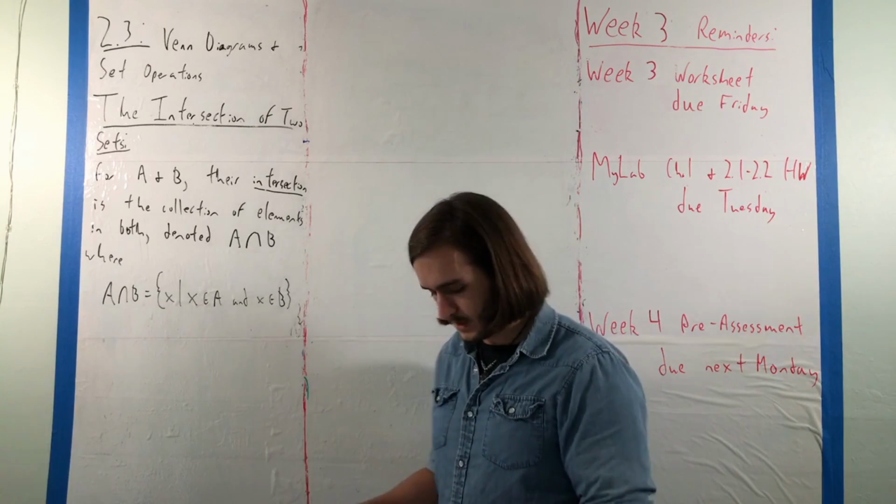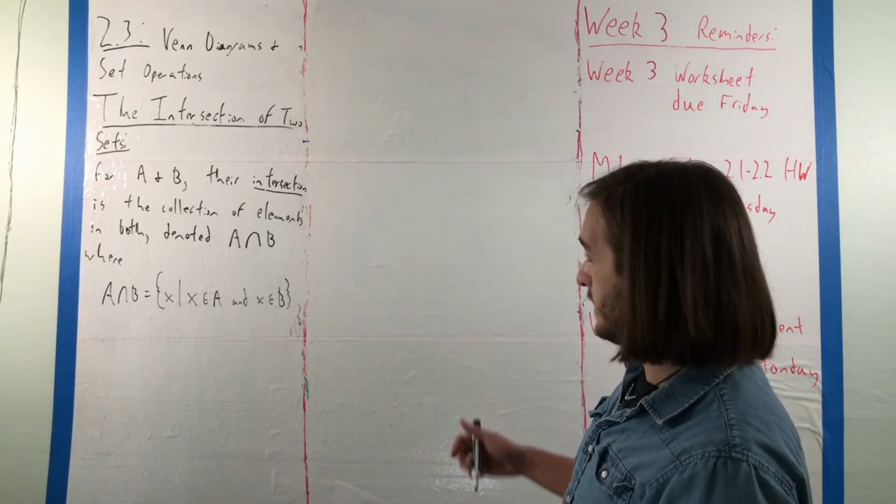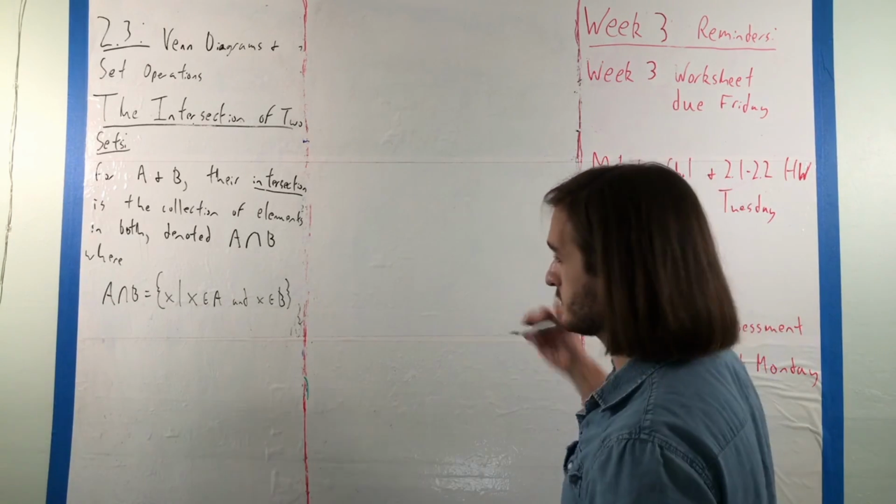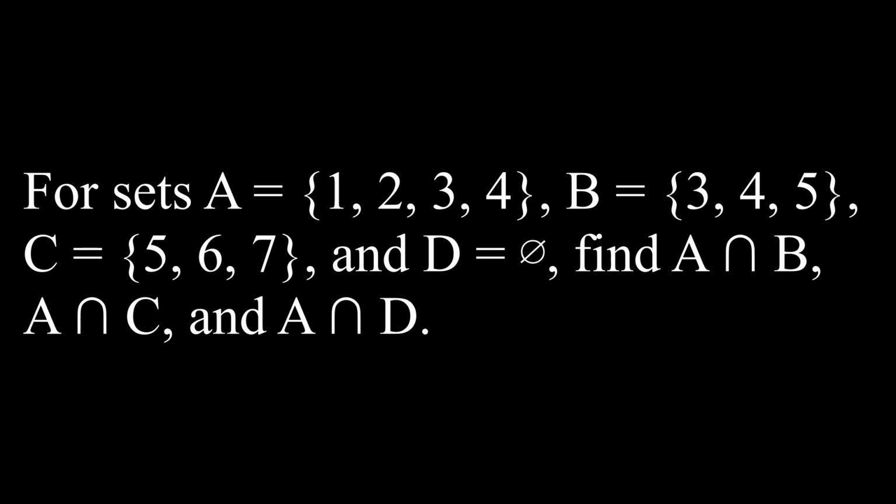So let's take a shot at a quick string of examples. Let's say we've got a bunch of sets here. Let's say we have sets A equals 1, 2, 3, 4. B is the set 3, 4, 5.